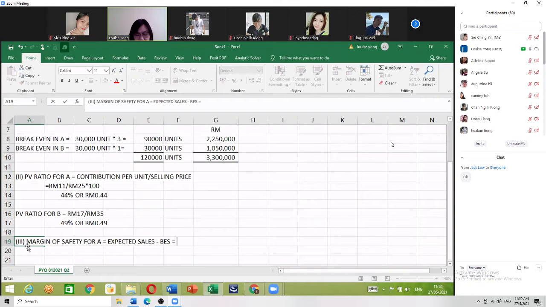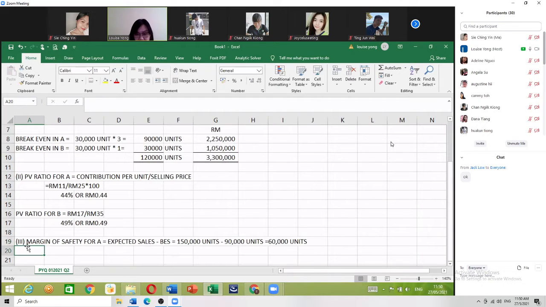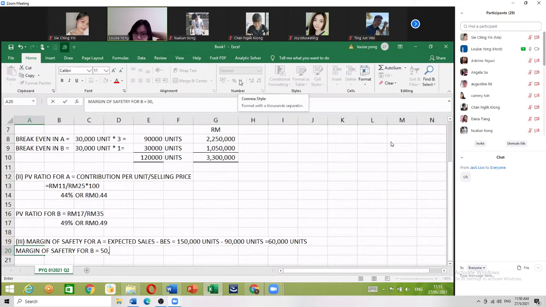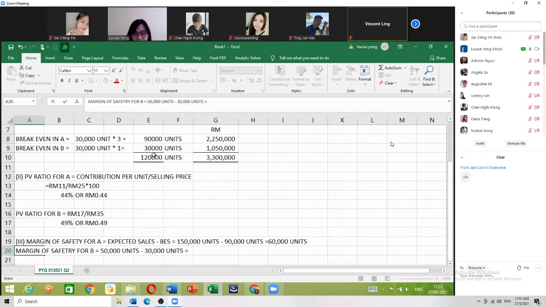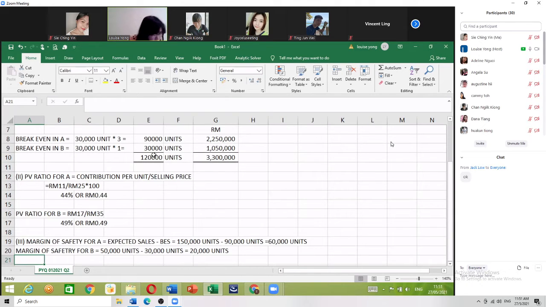Expected sales is 150,000 units, minus the break-even sales of 90,000 units, so your margin of safety will be 60,000 units. Then margin of safety for B: expected sales 15,000 units minus break-even sales 30,000 units.